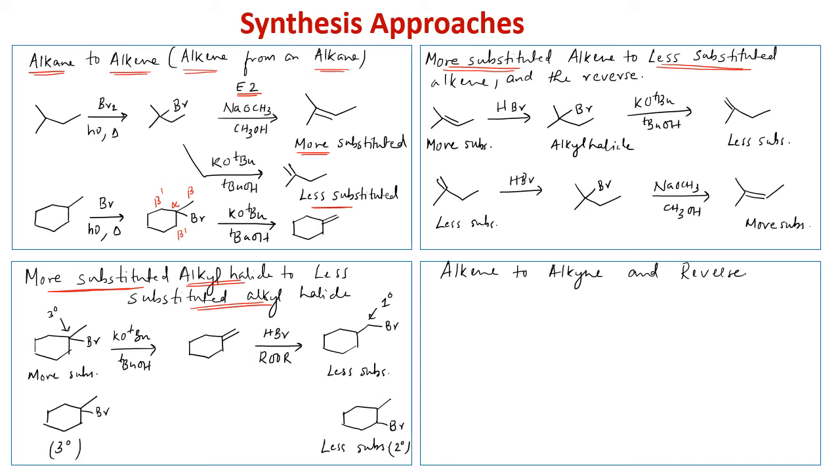So we started with a tertiary alkyl halide, which is more substituted relative to our product. And our strategy is going to be the same. We're going to install a double bond between the carbon where the bromine is attached in the reactant and the carbon where we want that bromine in our product, which is that secondary carbon.